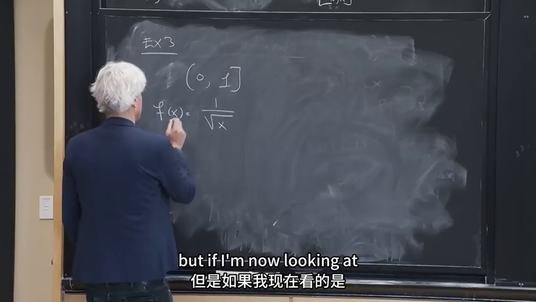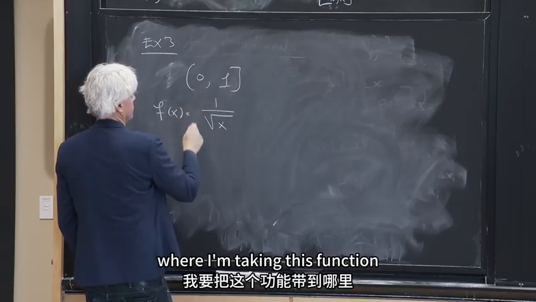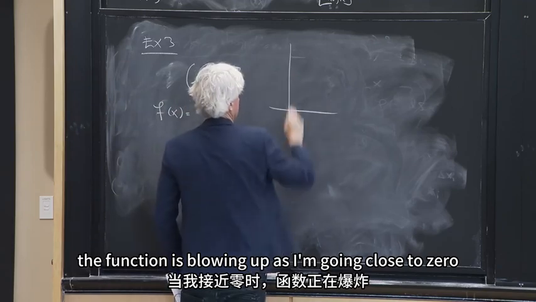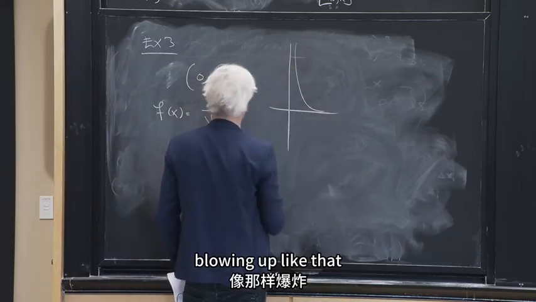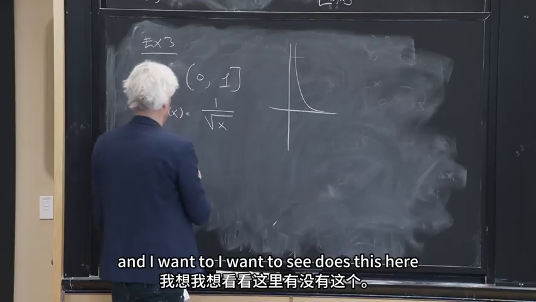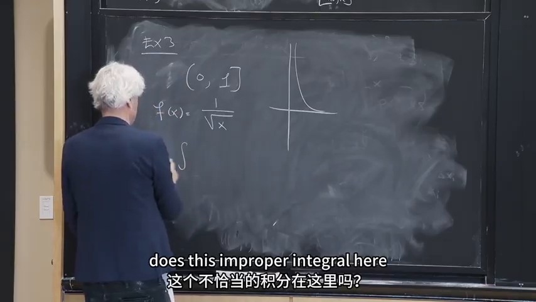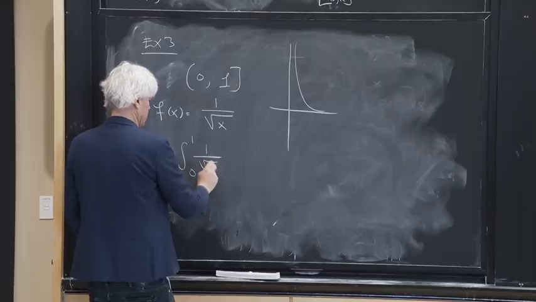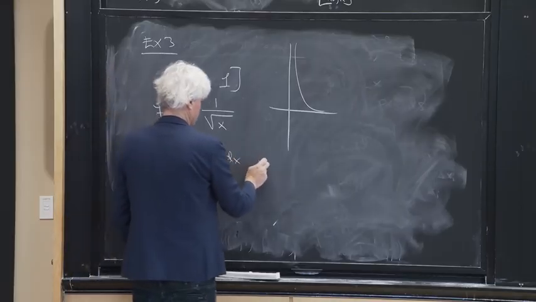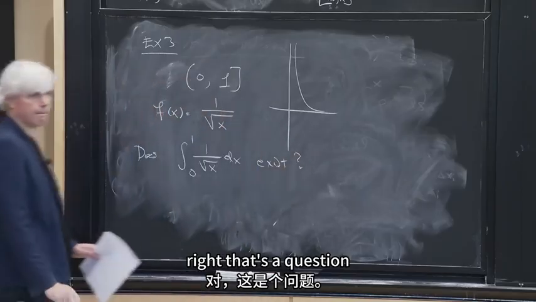But now I want to look at the improper integral where I'm taking this function. The function is blowing up as I'm going close to 0, right? Blowing up like that. And I want to see, does this improper integral exist? Right, that's the question.